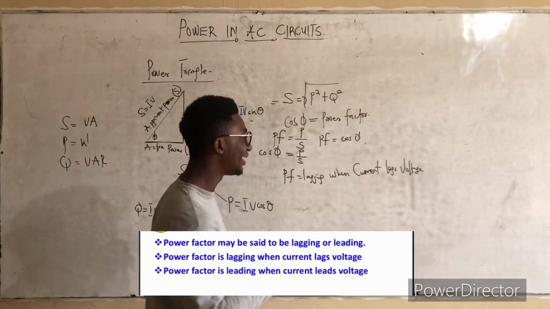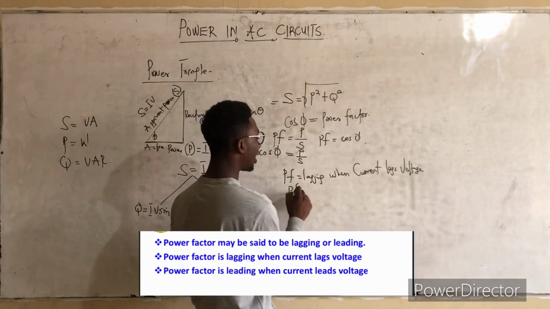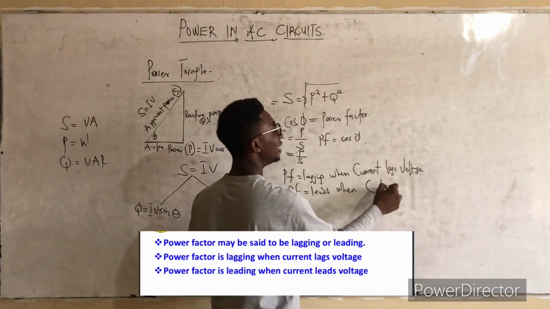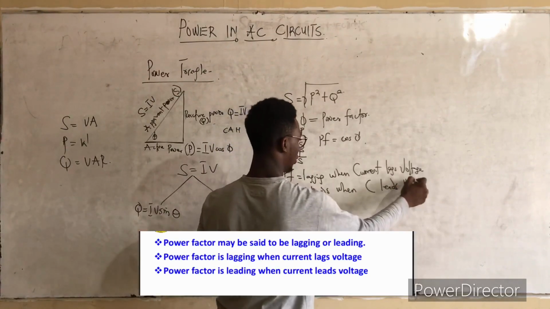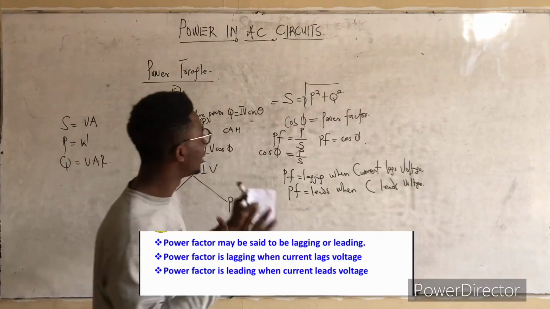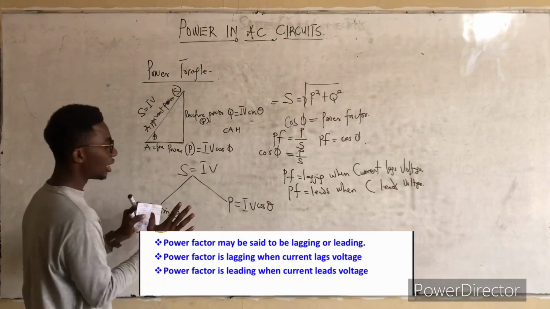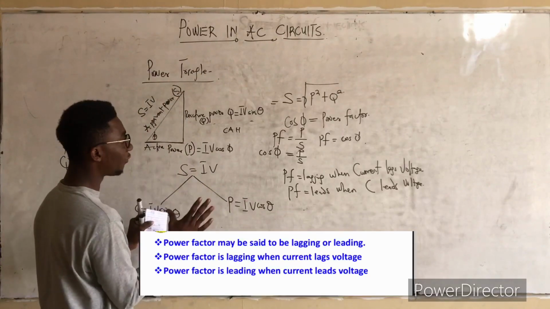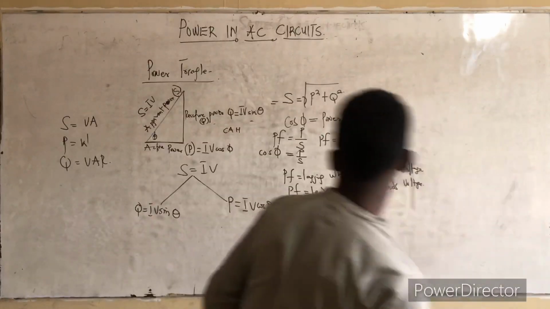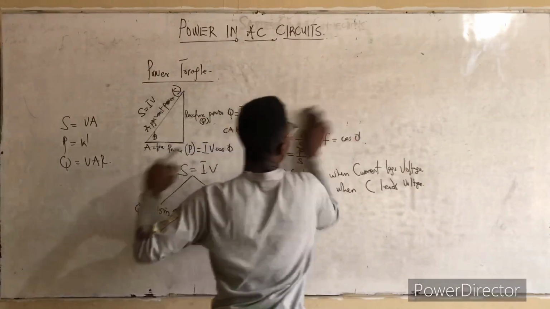But the power factor is leading when current leads voltage. So these are the things I want you to take note of very well. But let's look at something here, which is also very interesting.